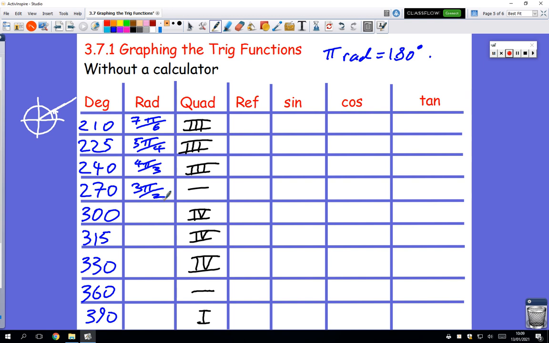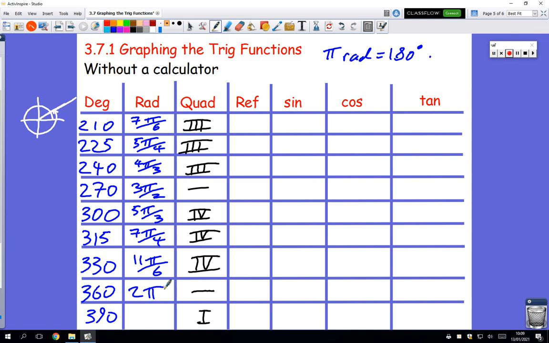300 is 5 lots of 60, which is 5 pi over 3. 315 is 7 lots of 45, and 45 is pi over 4, so 7 pi over 4. 330 is 11 lots of 30, and 30 was pi over 6, because 180 divided by 6, so 11 pi over 6. 360 is 2 lots of 180, so just 2 pi.